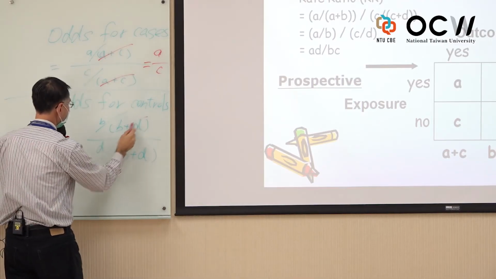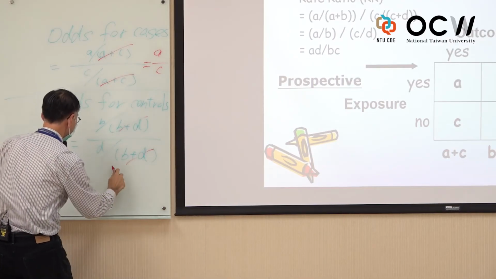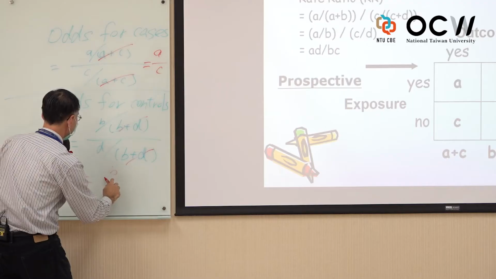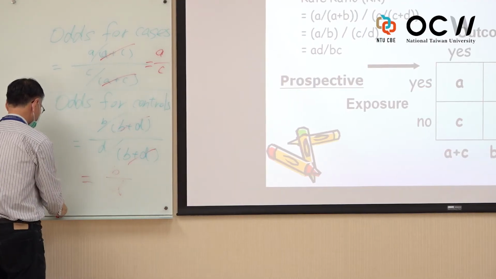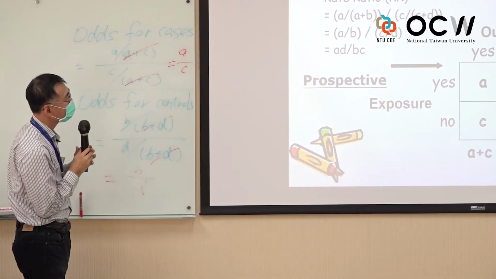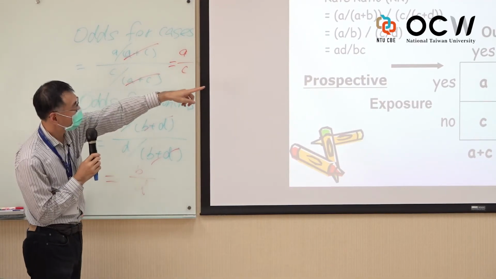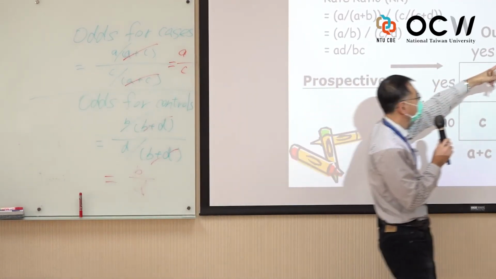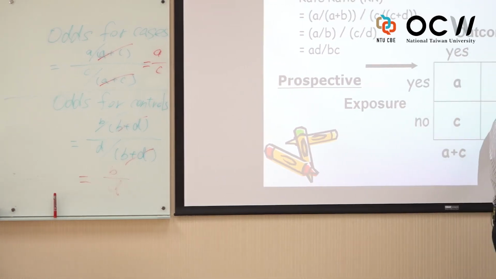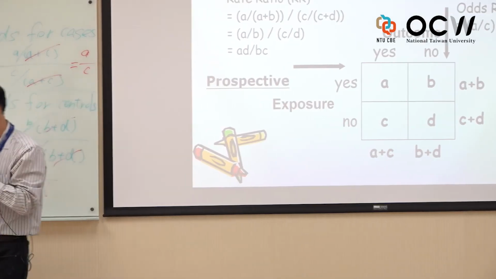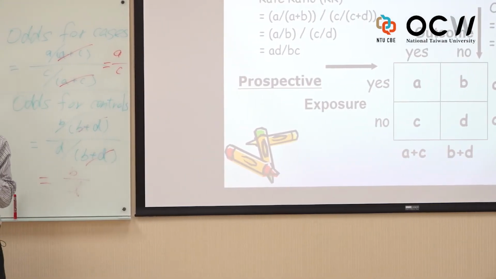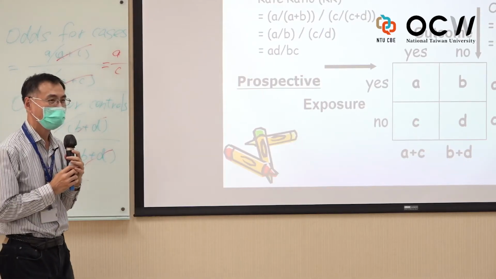And it becomes B divided by D. So it's A divided by C for the cases, and B divided by D for the controls. And I rearrange it, then AD over BC, right?